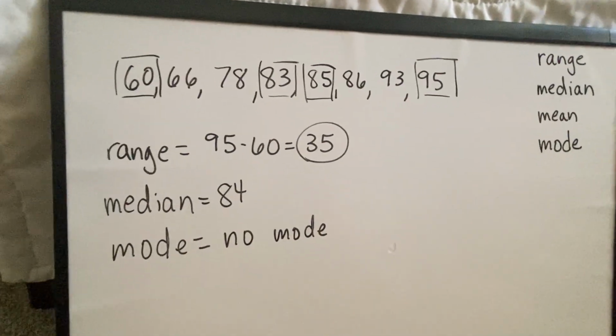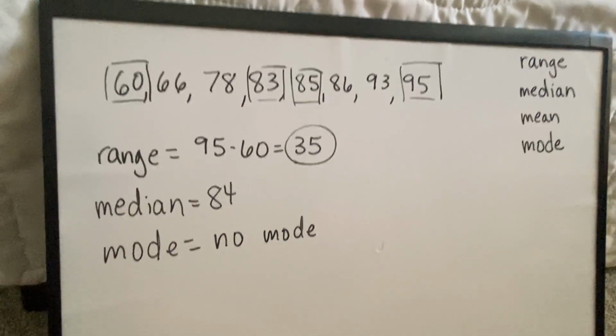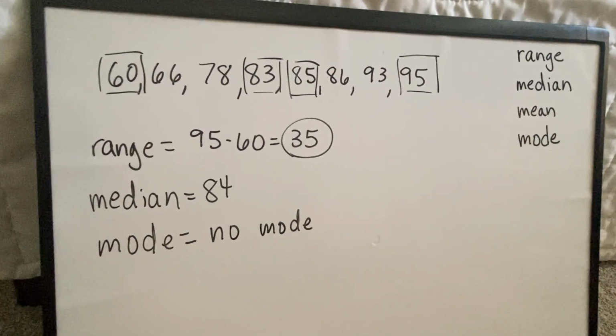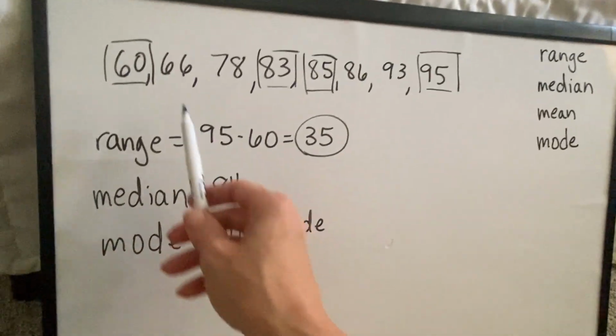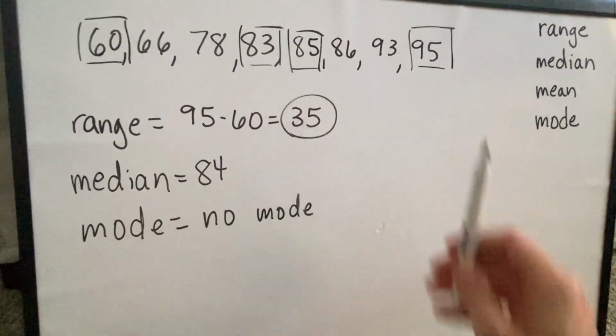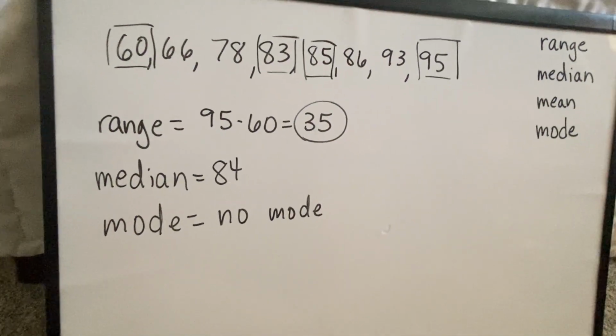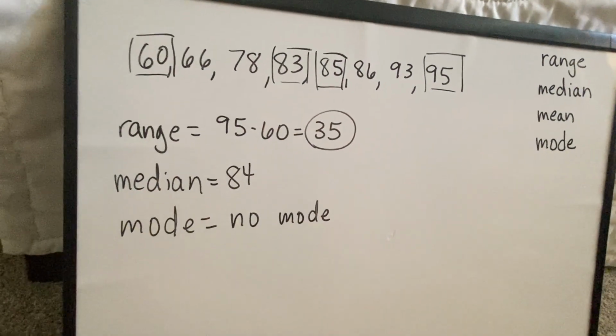It's whichever one has the most numbers that repeat. Sometimes you could have 2 modes if you had a 66, 66 here, and then 86 and 86 there, okay? But for this group of numbers, there is no mode.